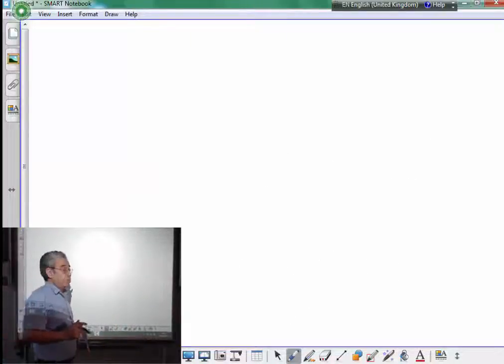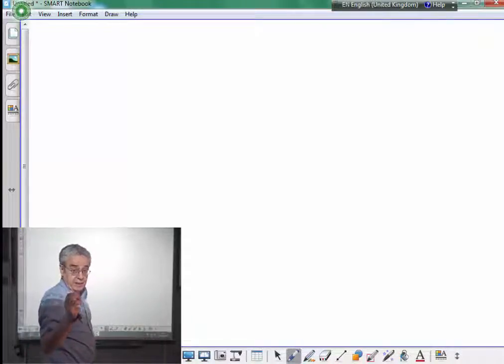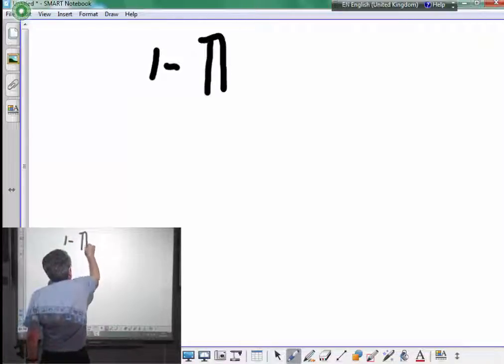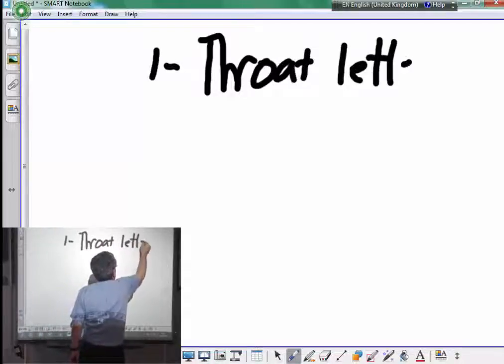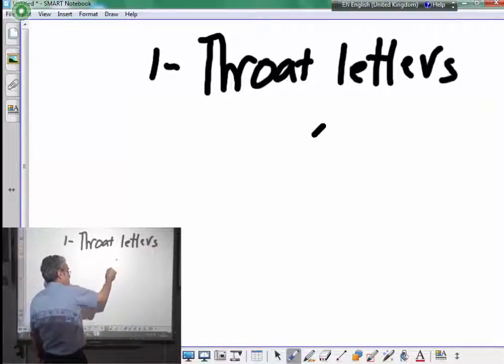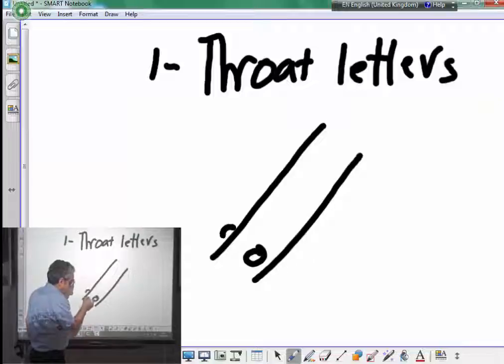We've got four groups of letters. The first group, as we call it, throat letters. In the throat letters, if I imagine this is the throat, the lower part of the throat, which is this side here, there are two branches that emit two letters.